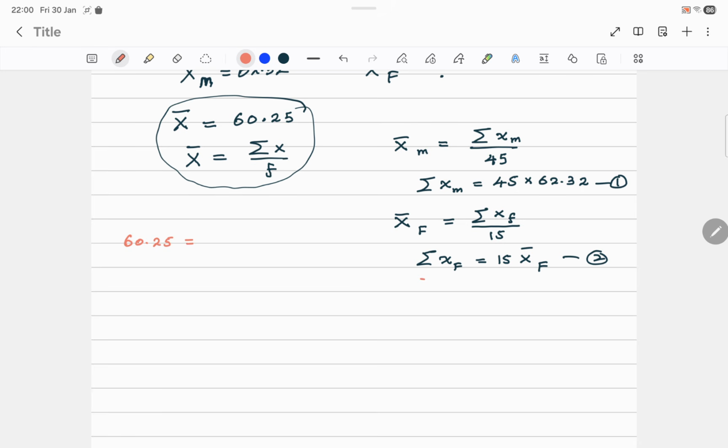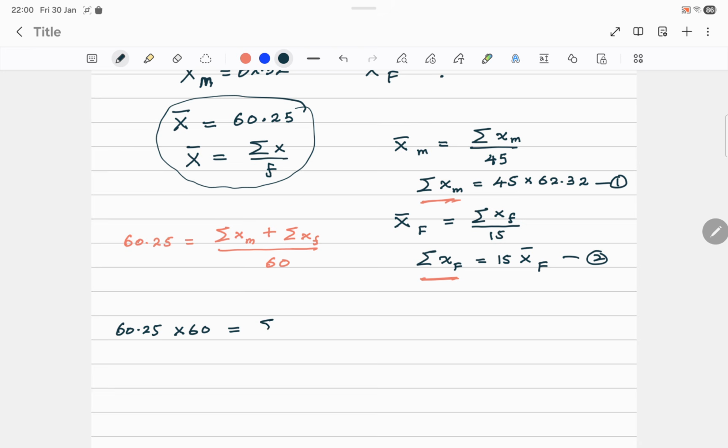Which is the total weight. Total weight is made up of what? Weight, or the mass, of males and mass of females. So sigma xm plus sigma xf over 60, that is the mean. Total mean, the total mass over total frequency. So now we can substitute 1 and 2 here. So 60.25, let me move the 60 to this side.